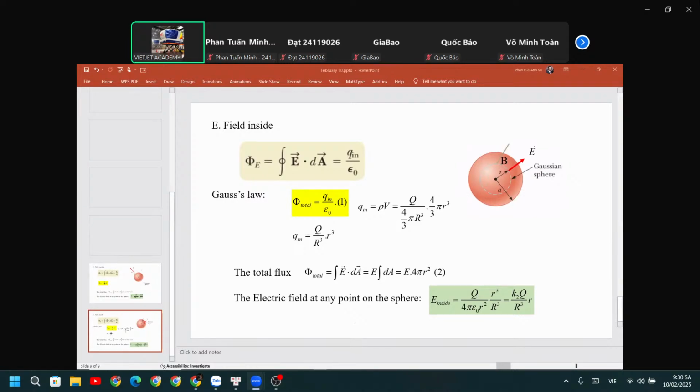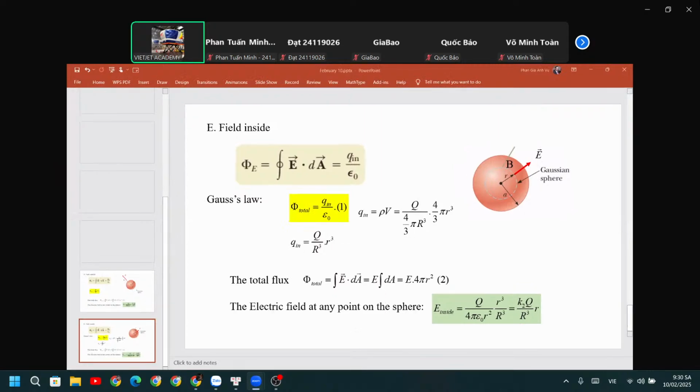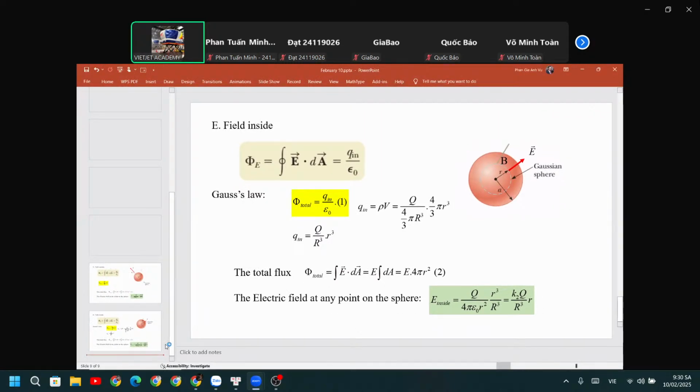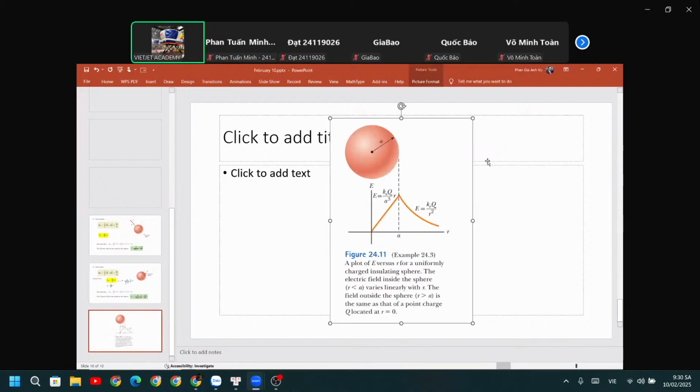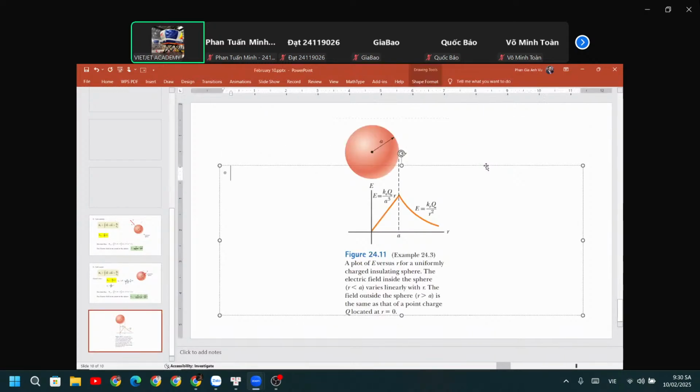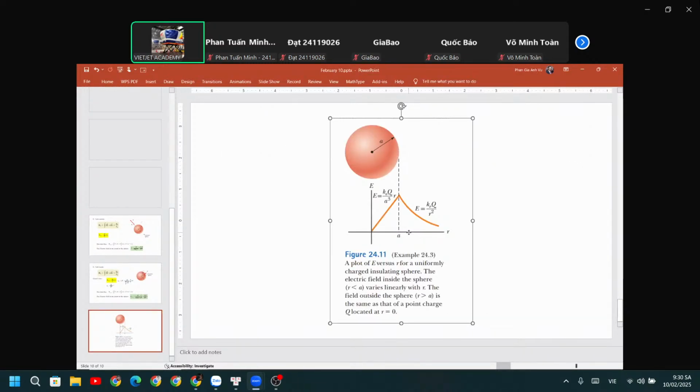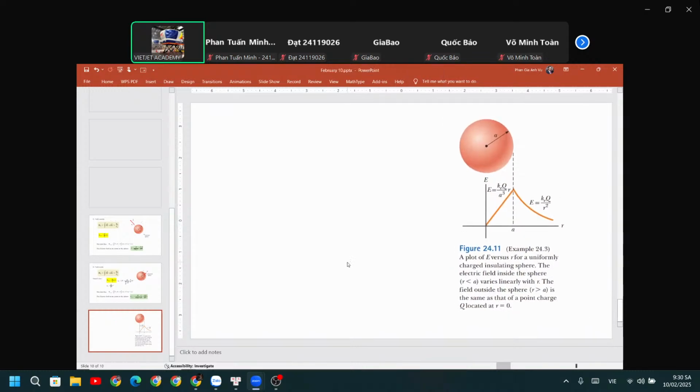Then if we draw a graph for the magnitude of the electric field from inside to outside of the charged sphere, you can get this graph. See that?